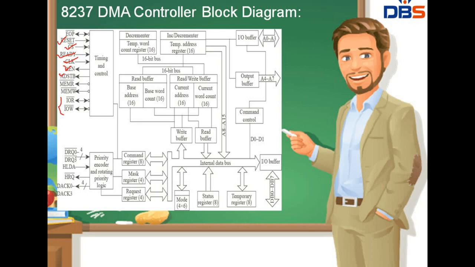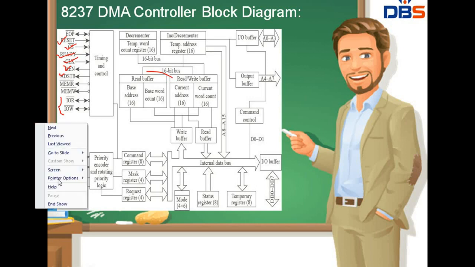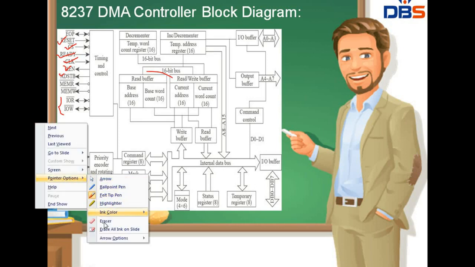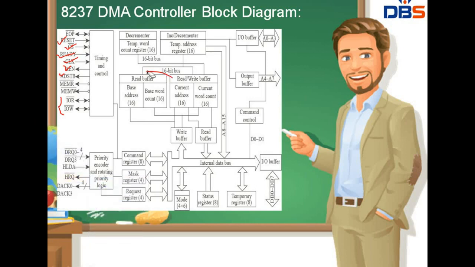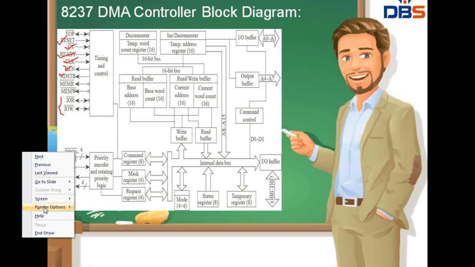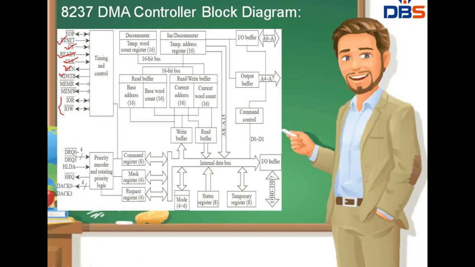We have 4 channels here, so there are the base address and base word count registers, a read buffer, a write buffer, and an incrementer or decrementer. These are the 4 address registers, one for each of the 4 channels.